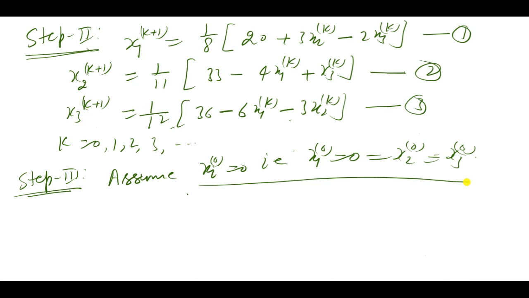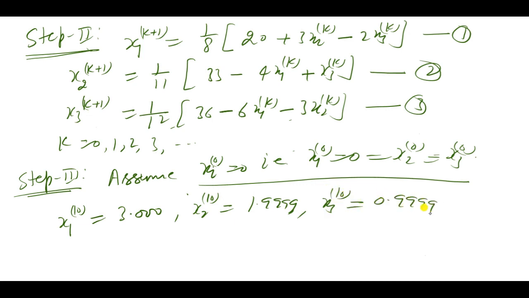After the 10th iteration we obtain x1(10) equal to 3.000, x2(10) equal to 1.999, and x3(10) equal to 0.999.